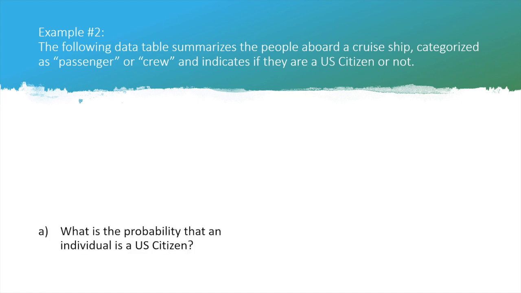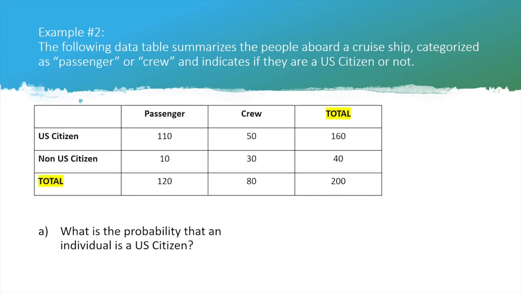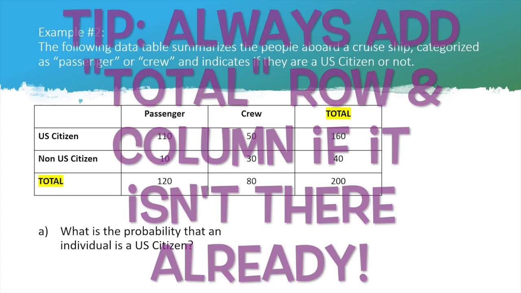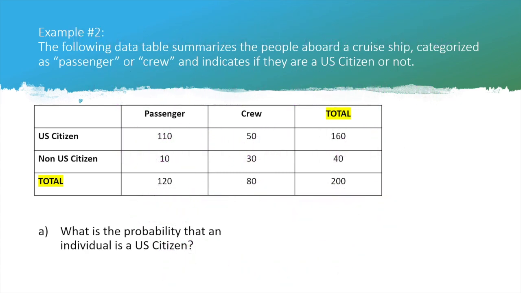So when you're given these kinds of problems, the very first thing you want to do when you're given a table is that in the problem we were given, it didn't have totals. So we want to add a column over here for totals and a column at the bottom for totals and add up the number of passengers, the number of crew, and then if we add to the right here, we add the number of U.S. citizens.